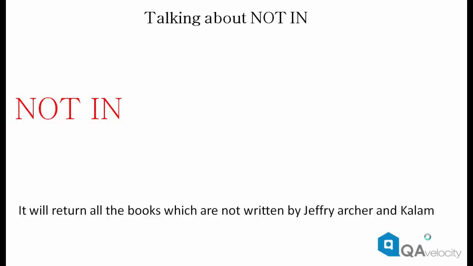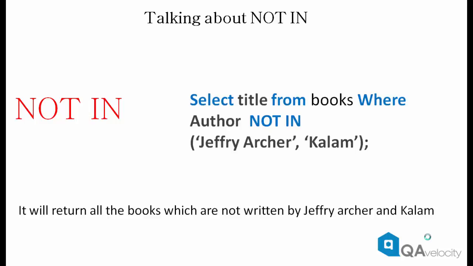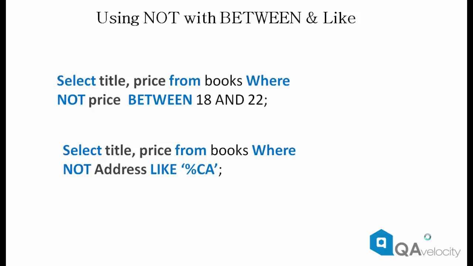Let's say Greg wants all the book titles except Jeffrey Archer and Kalam. So you can write the query select title from books where author not in Jeffrey Archer and Kalam. It will give a result of all the authors except Jeffrey Archer and Kalam. And last but not the least, you can also use the NOT keyword with BETWEEN and LIKE. Here are the two examples.